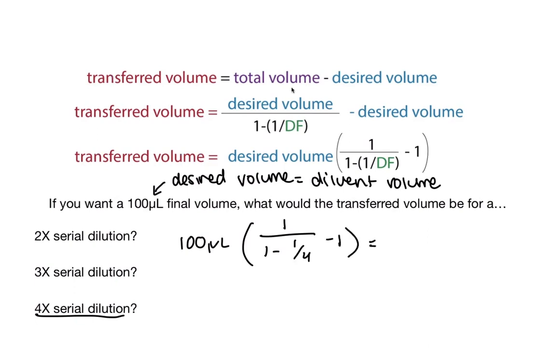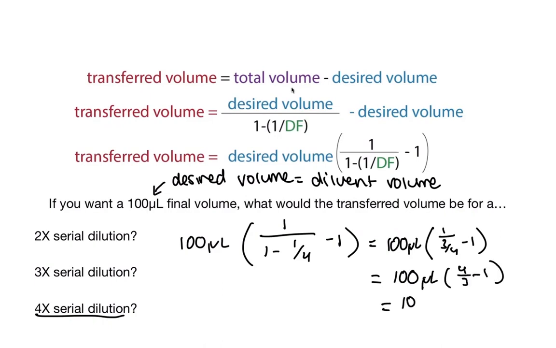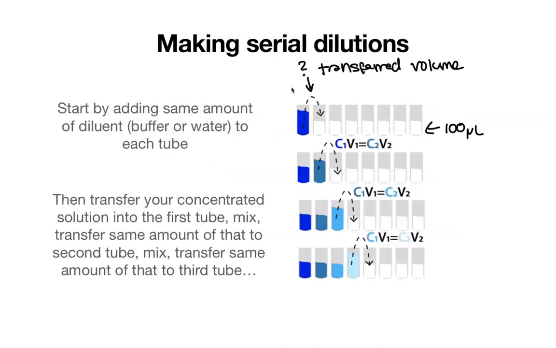And basically that will give us 100 microliters times 1 over 3/4 minus 1, which equals 100 microliters times 4/3 minus 1, which equals 100 microliters times 1/3, about 33.3 microliters. And so here, what you'd be doing is transferring 33.3 microliters into each tube.